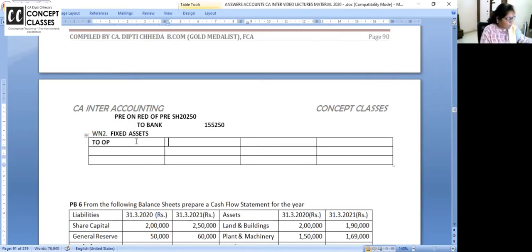Just write it from your book. 688,500. And closing balance is 8,37,000. By closing balance.